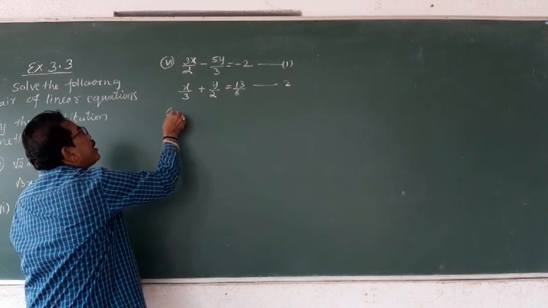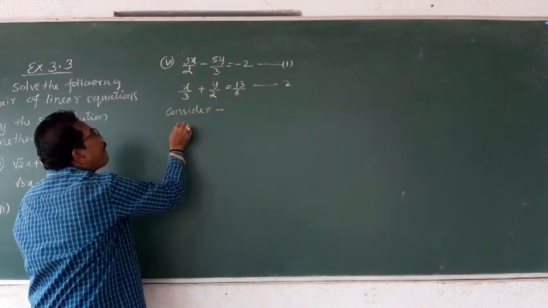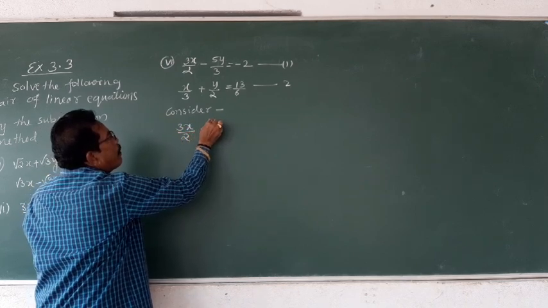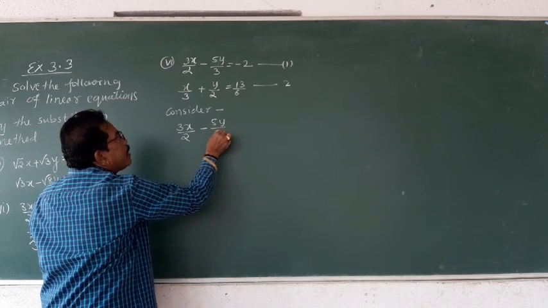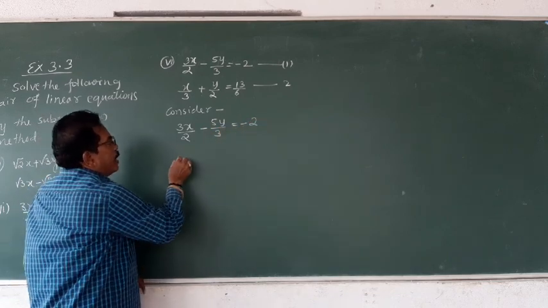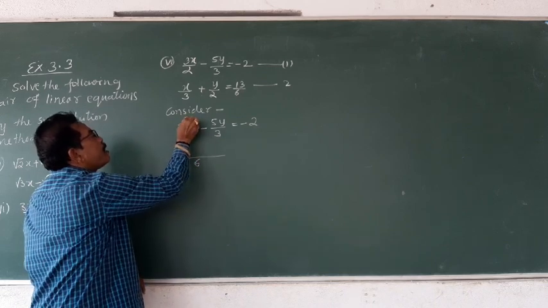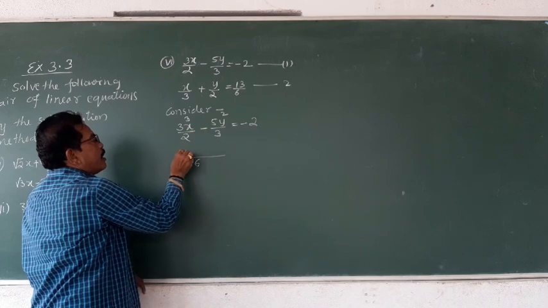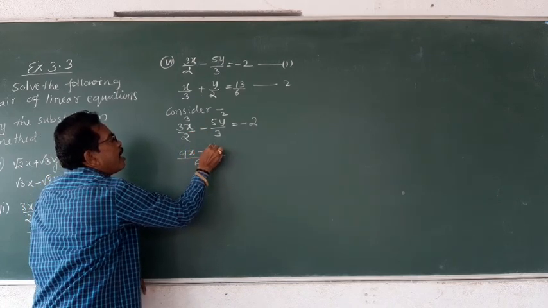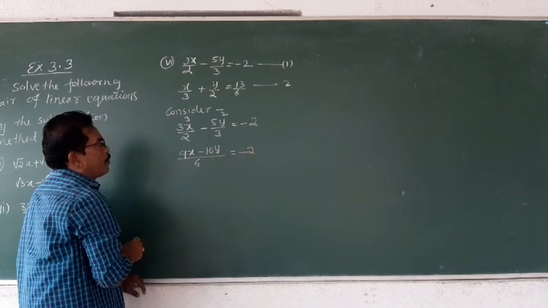Now consider three x by 2 minus 5y by 3 equals to minus 2. Okay, let us take LCM of this one. 3 2s are 6, 2 3s are 3 2s are 3 3s are 9x minus 5 2s are 10y equals to minus 2.